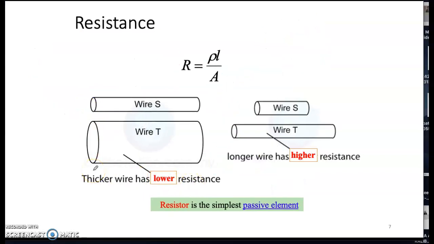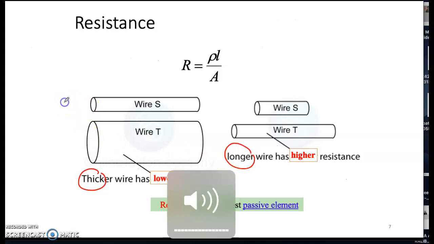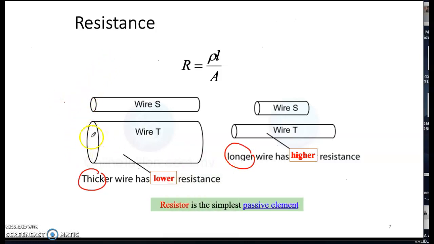If we see here, there are two comparisons. The first one is the thicker wire and the second one is the longer wire. For the thicker wire, we depend on the area. Wire S has the smaller area, wire T has the bigger area. What is the relation between the area and the resistance? It is inversely proportional.